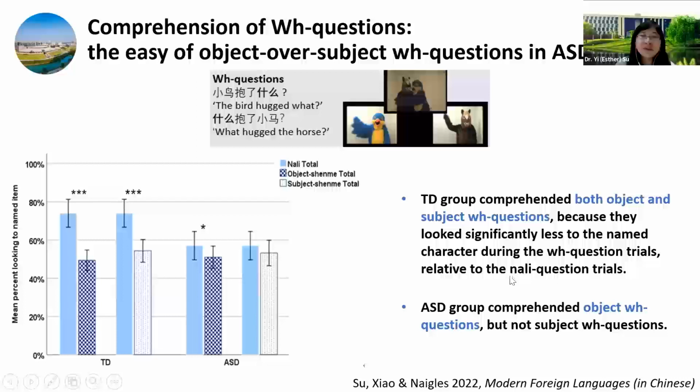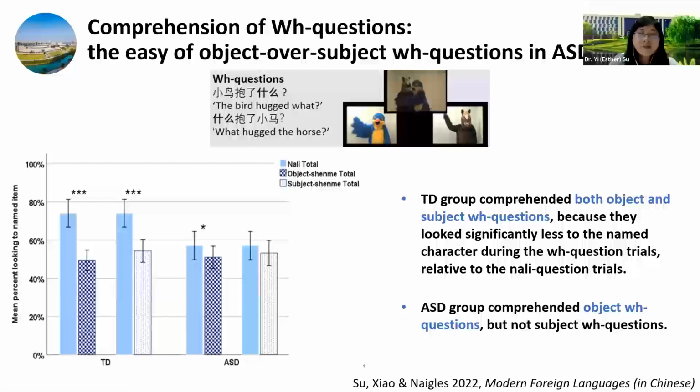Relative to the control trials, which I haven't mentioned yet, these trials are sentences like 哪里有小马, 哪里有小鸟. So when they heard 小鸟抱了什么, they looked significantly less at the named character than during 哪里有小鸟, this kind of control trials.